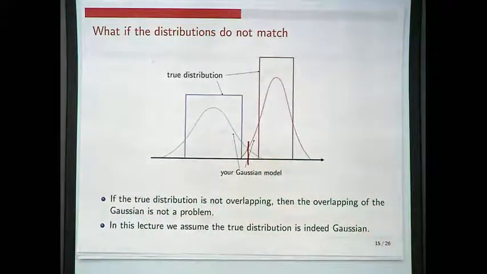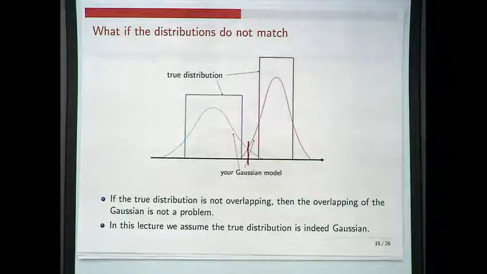So you see, there can be a mismatch between your choice of model and the underlying model. And when there's a mismatch, it may not always be a bad thing. Usually it's a bad thing, but not always. So when we want to quantify the error in your decision boundary, the typical assumption is that the model you use to make the inference matches the model that generates the data.